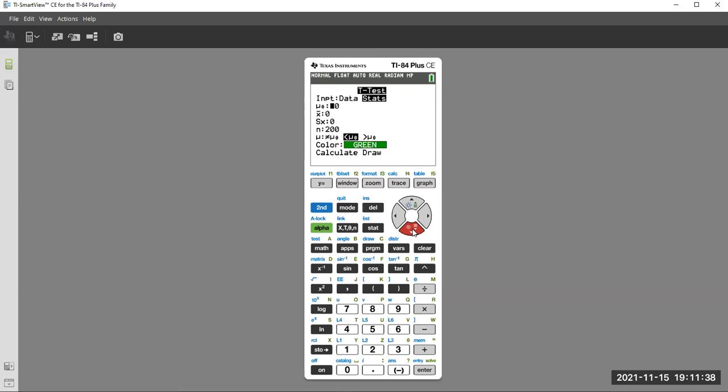We have a claim of 21 years of age. 26 is my sample mean. 6 is my sample standard deviation. 39 is my sample size. And we have a two-tail test. Calculate. Ooh, good. I've got a very small p-value.